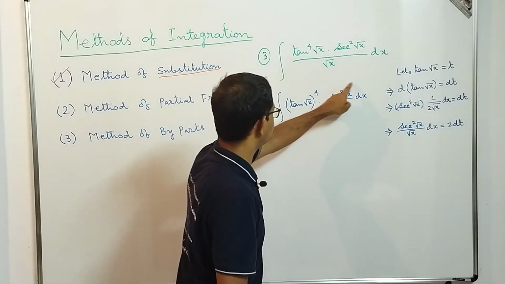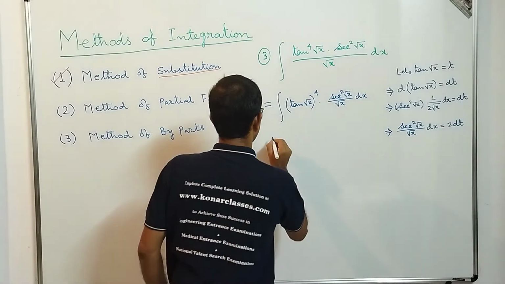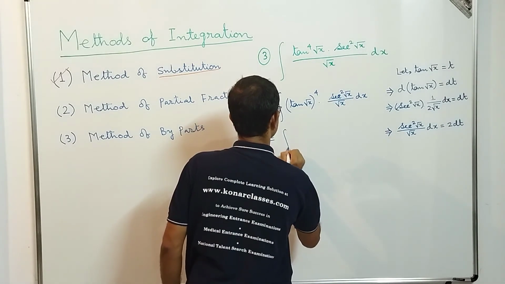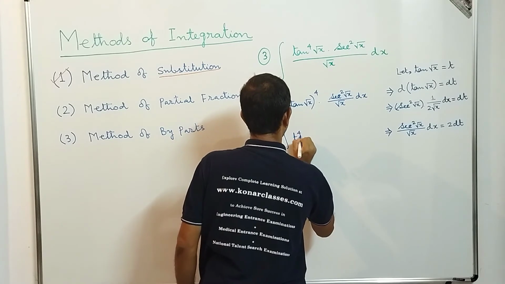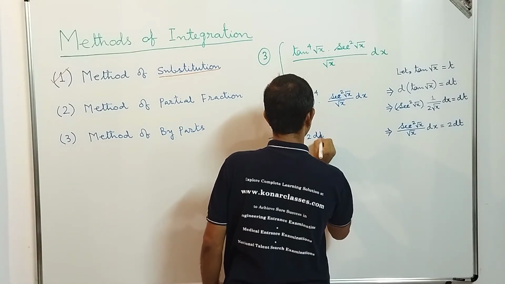Since sec square root of x by square root of x dx is equal to 2 dt, that is equal to integration t power 4 into 2 dt.